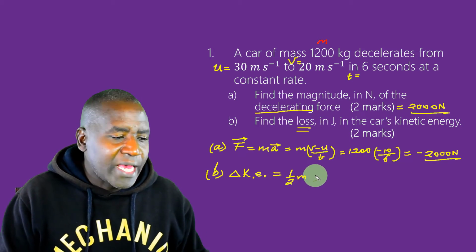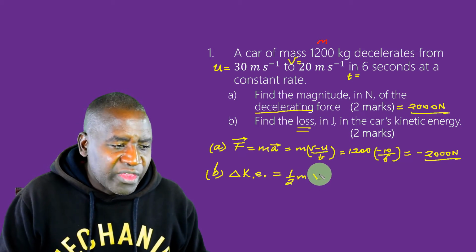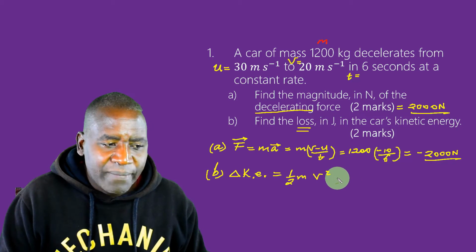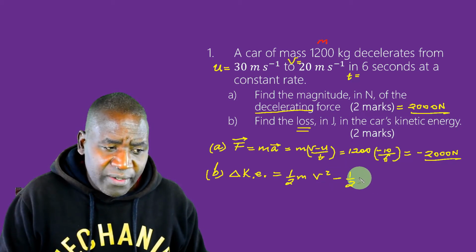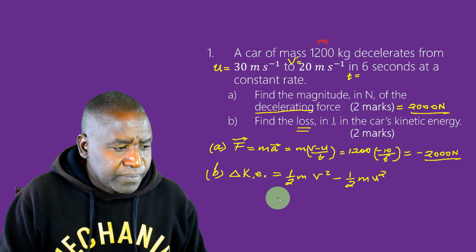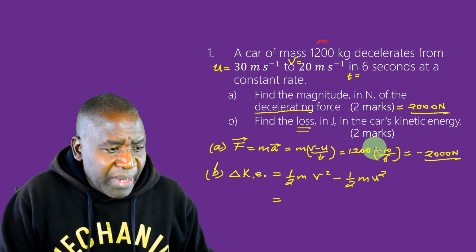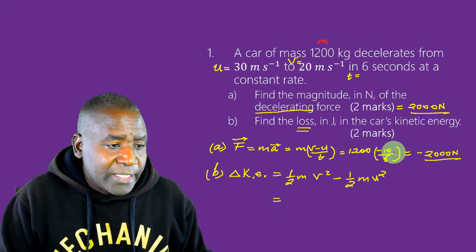I can factor out the m so that I remain with v squared, or let me just write it in full so that you don't miss out anything. Of course, remember, even in this part, how did I get minus 10? I did 20 minus 30.